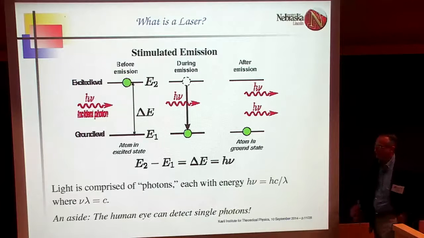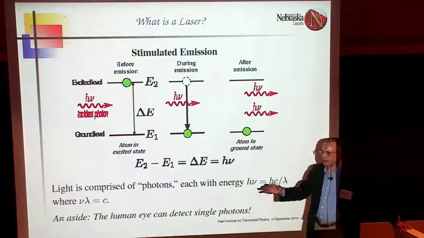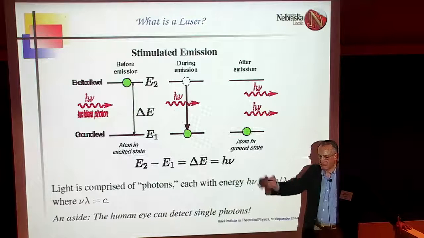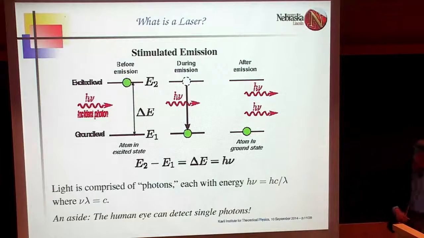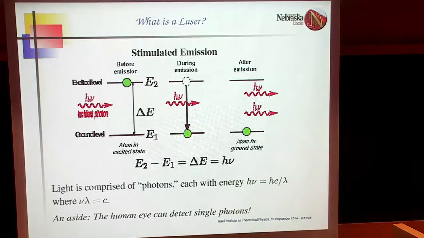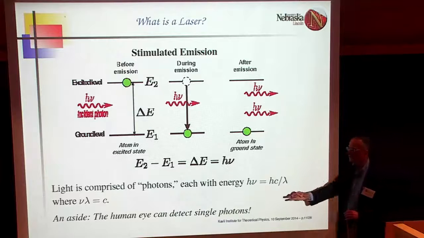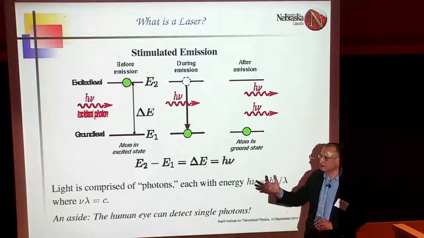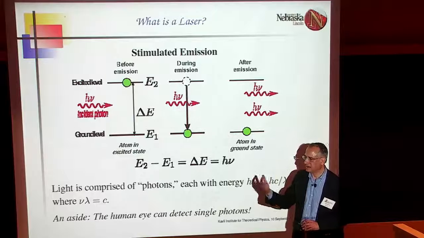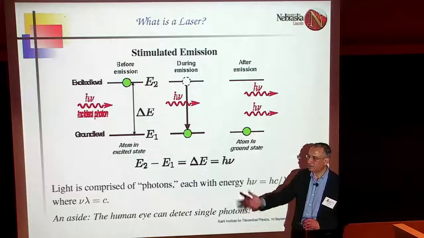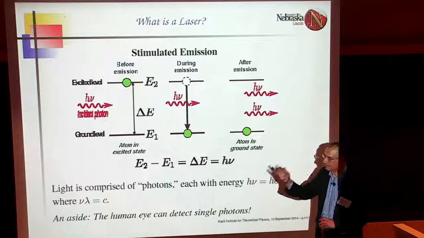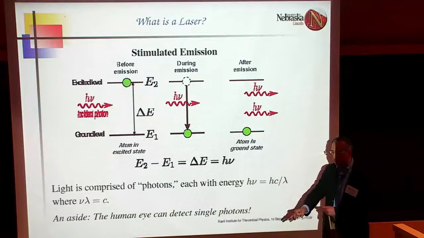Well, I did a rough calculation of sunlight, and I came up with the fact that the sun emits on Earth 10 to the 22 photons per centimeter squared. 10 to the 22 is 10,000 billion photons on each square centimeter.